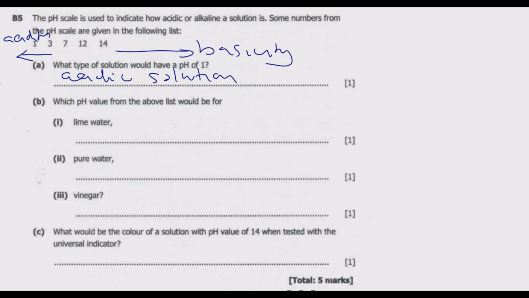Let us look at question B. Which pH value from the above list would be for lime water? So again, you need to understand what lime water is. Lime water is calcium hydroxide.